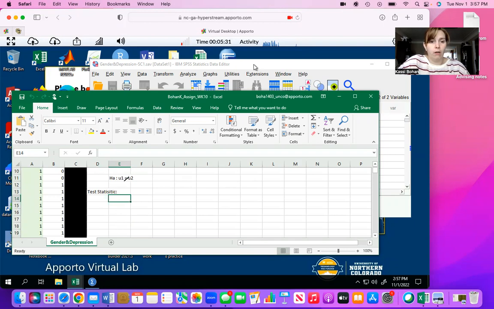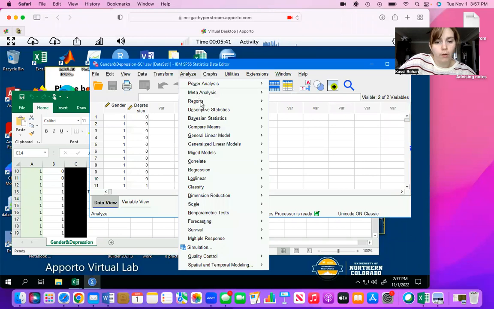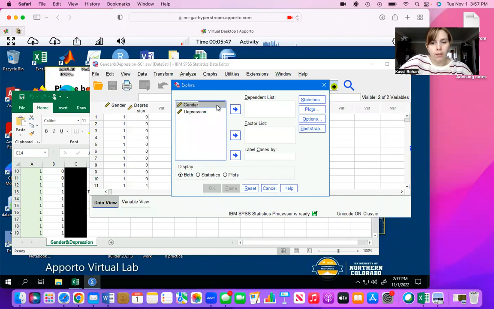I did go ahead and already enter my clean data, one into my Excel sheet, but two up into SPSS. So I'm going to go ahead and run descriptives, explore. My dependent factor is gender, and my independent is depression.